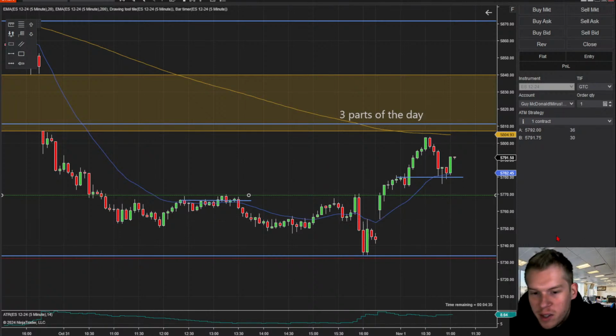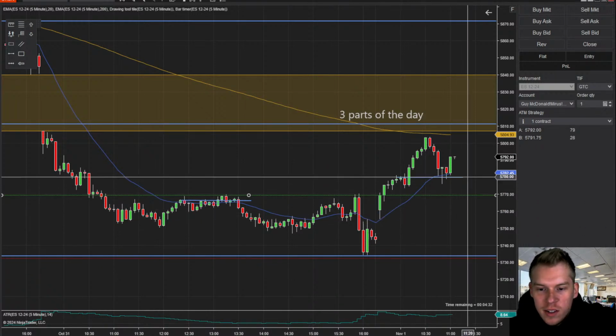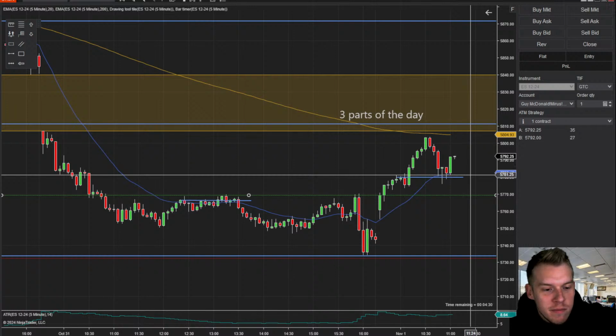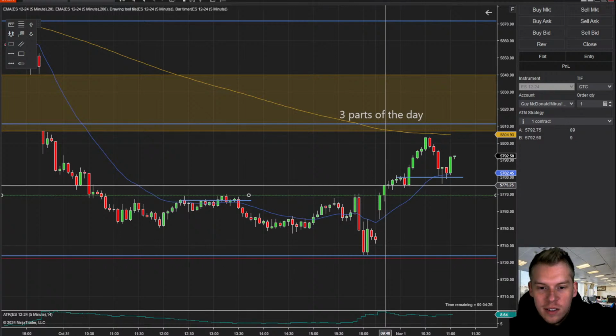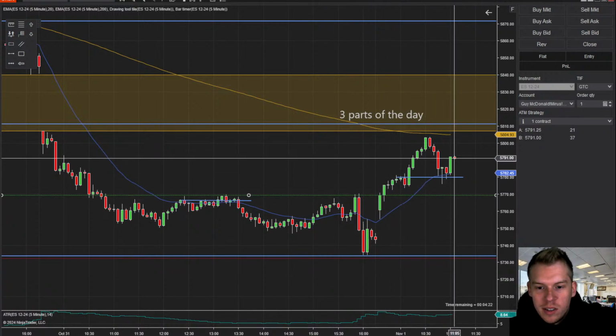So I keep saying that word context, because it's more than just the candlesticks. The candlesticks only mean so much.